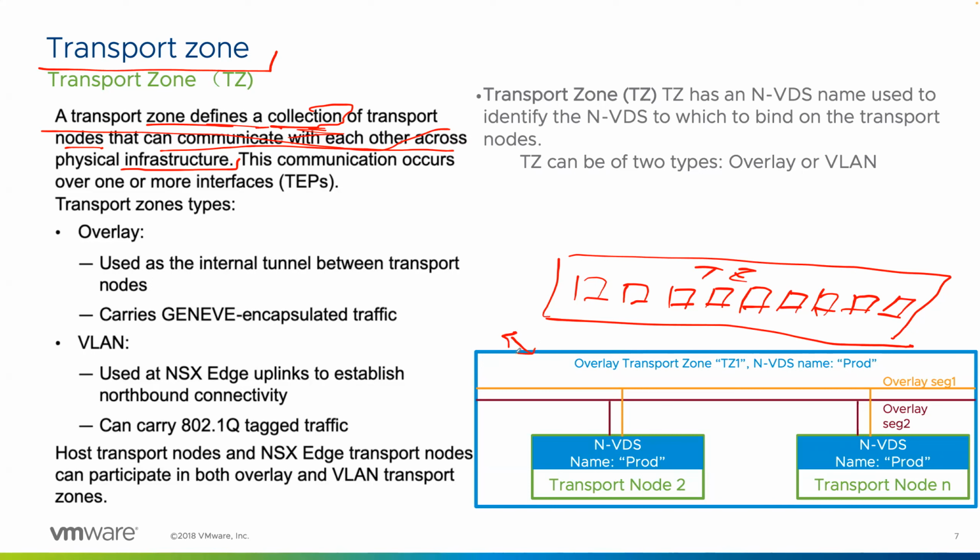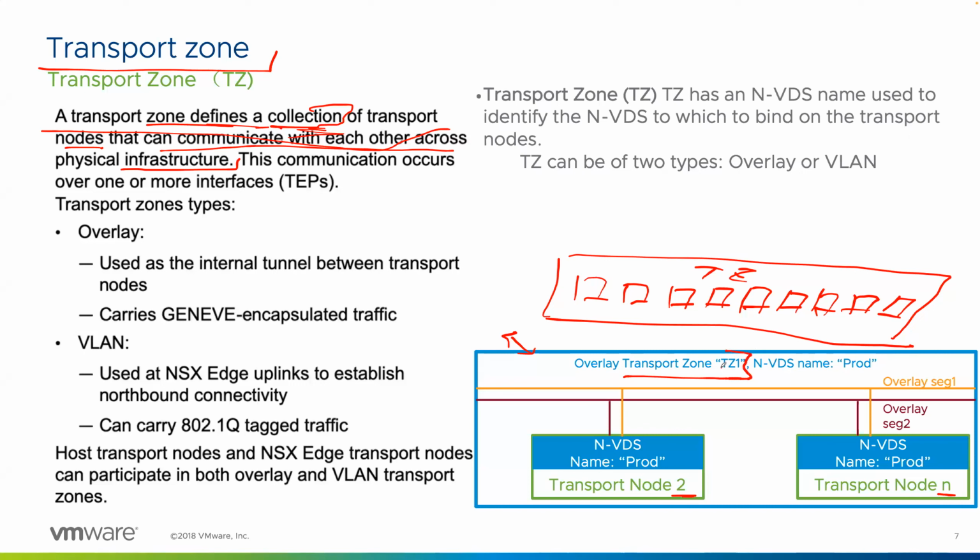The same as illustrated here, so here is a TN to TN. You want them to communicate with each other, so you have to put all of the transport nodes into a group to form a particular TZ.